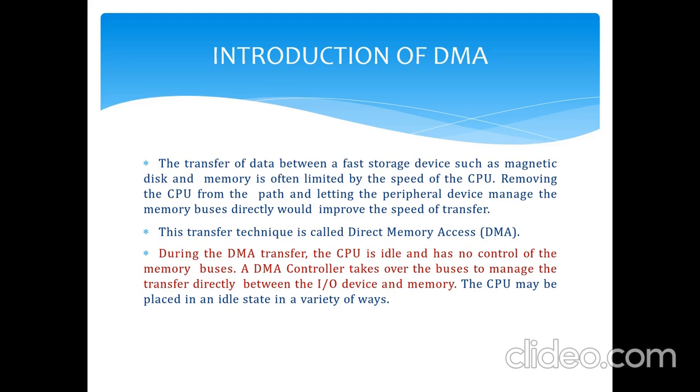During the DMA transfer, the CPU is idle and has no control of the memory bus. The DMA controller takes over the buses to manage the transfer directly between the input and output devices and memory. The CPU may be placed in an idle state in various ways.